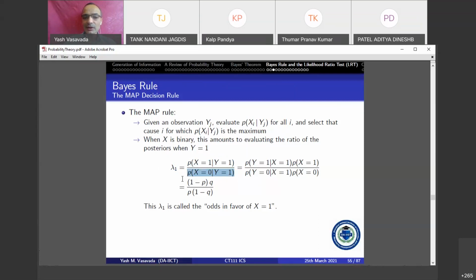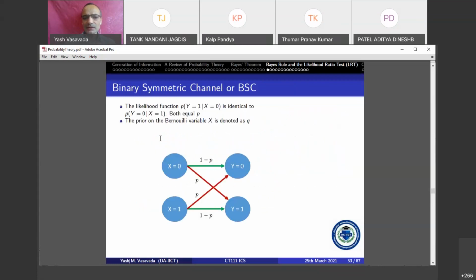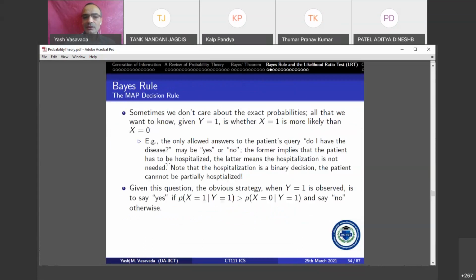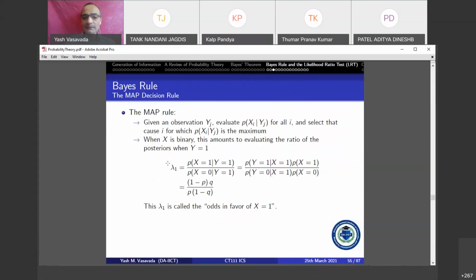So this is lambda 1. Remember this. This is a pretty important formulation. In this situation, we have received y equal to 1, and we are taking the ratio of the posterior on x equal to 1 versus x equal to 0. So that is what lambda 1 is.